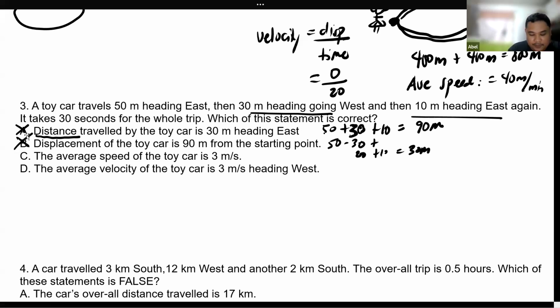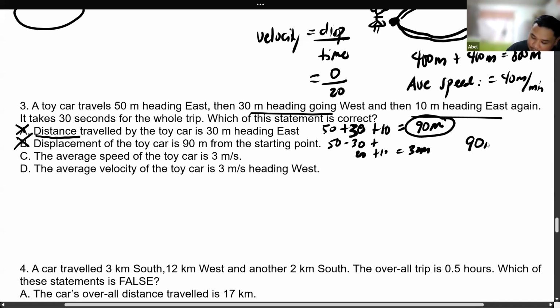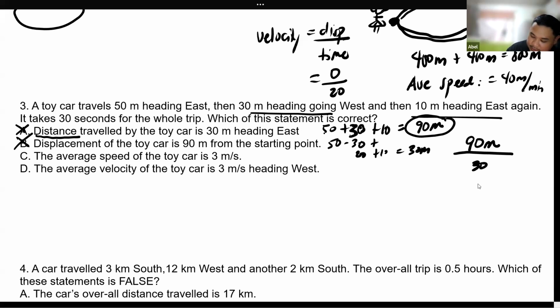So this one is wrong. The average speed of the toy car is 3 meters per second. Now, let's try to look at this. 90 meters is the distance divided by 30 seconds. So that would be 3 meters per second, right? So we're going to have 3 meters per second as the average speed. So letter C is the answer. So this one is correct.